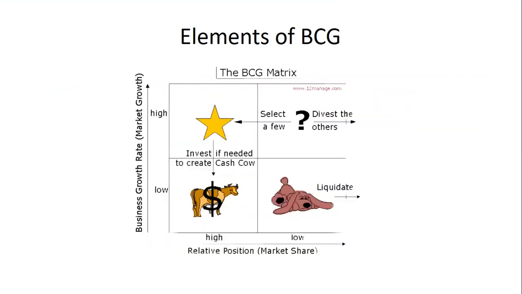Diagrammatically, we have the matrix in the form of a star, a cash cow, a dog, and a question mark. So let's individually understand each and every element of the BCG matrix.